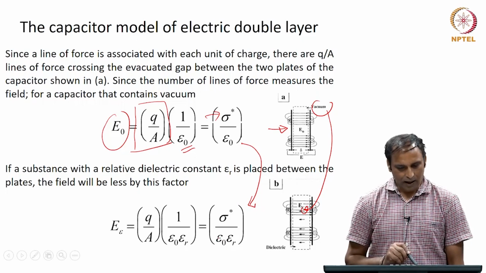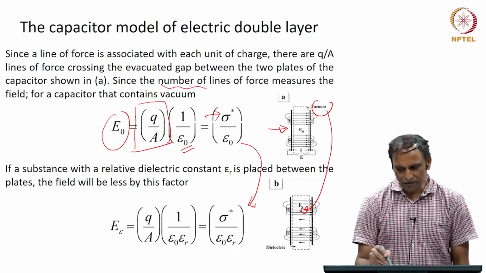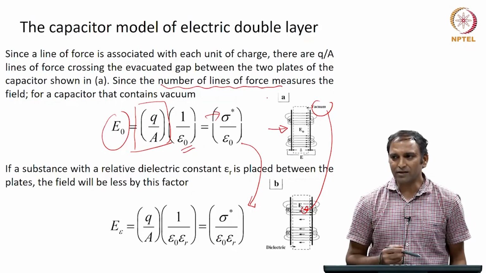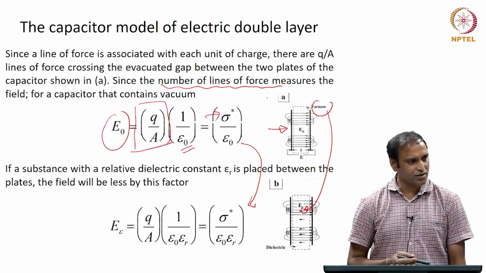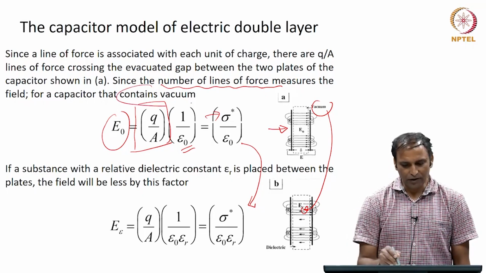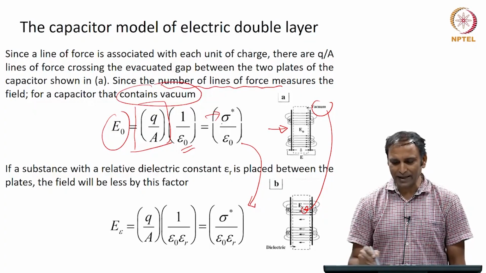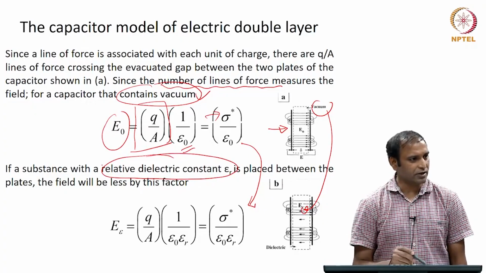The understanding is that the number of lines of force is a measure of the field strength. The more lines of force, the stronger the field, and of course, it is dictated by whether the region between the two plates has vacuum or some medium with a dielectric constant epsilon r.